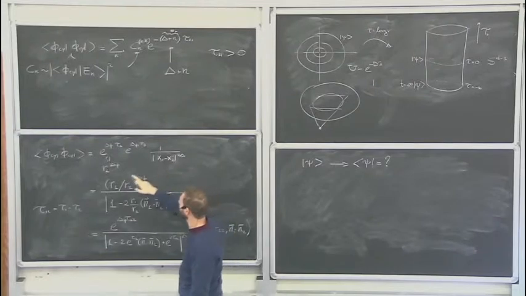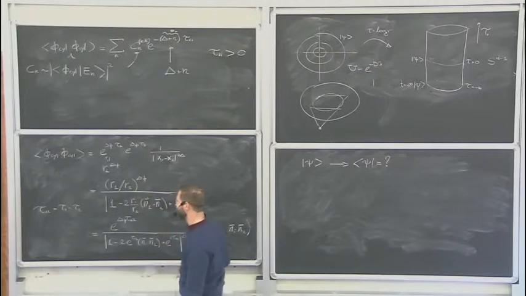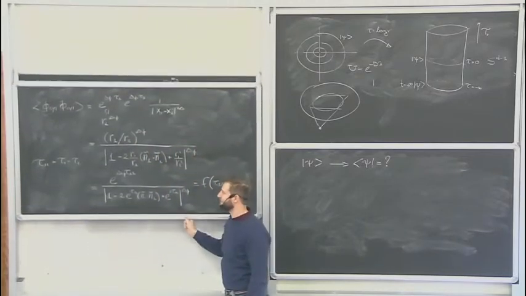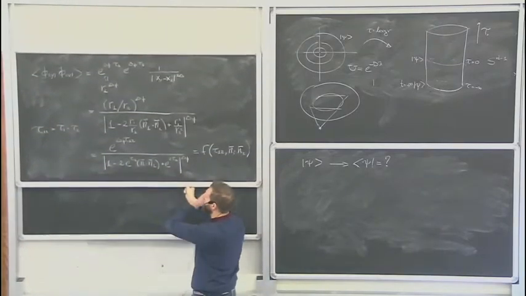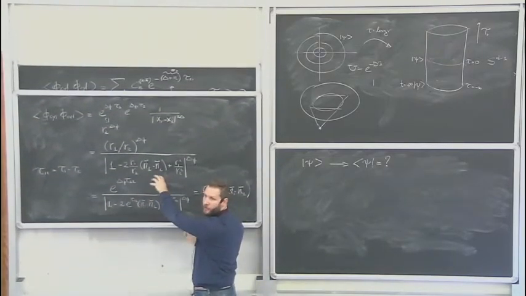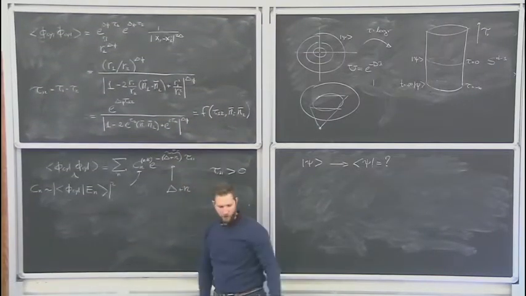And then this remains, this cancels with one of the R2s, and it goes to the denominator. And then whatever is left, only a function of ratios and a scalar product. Good.